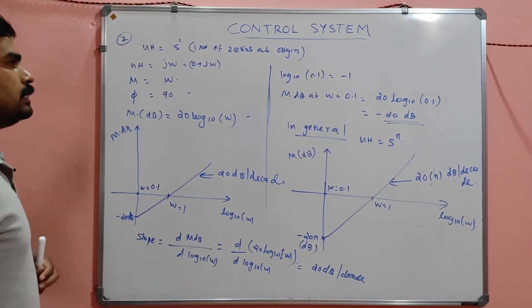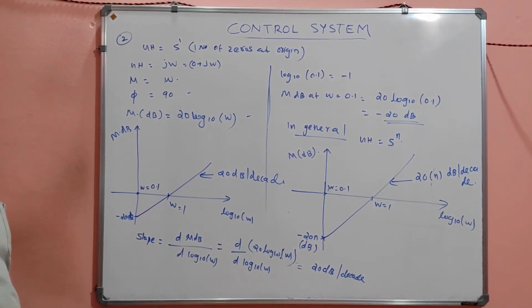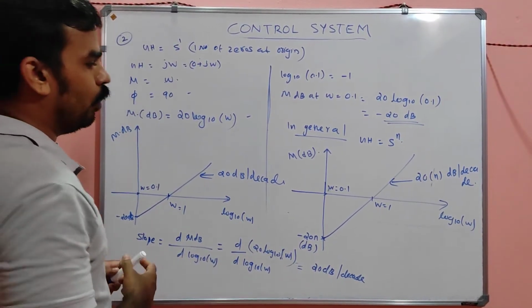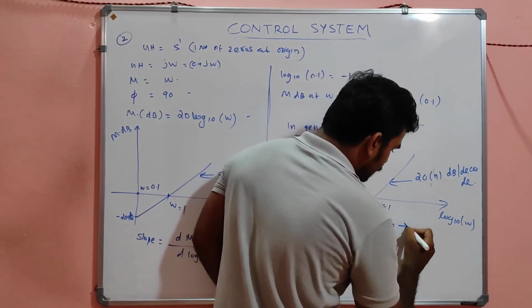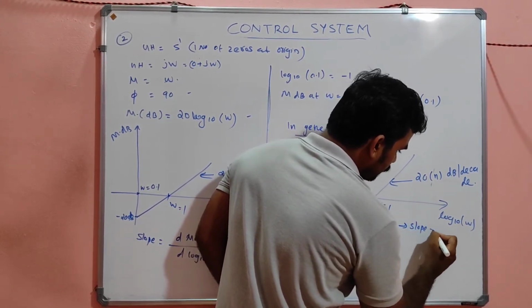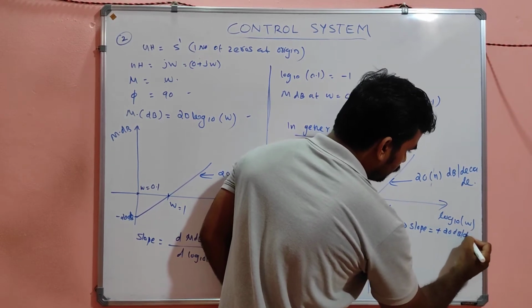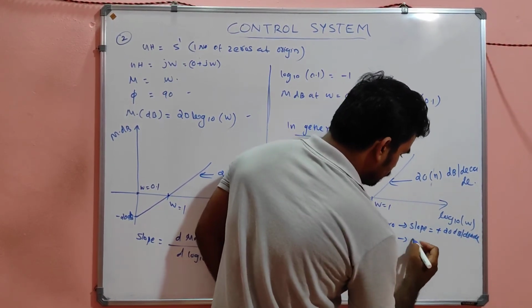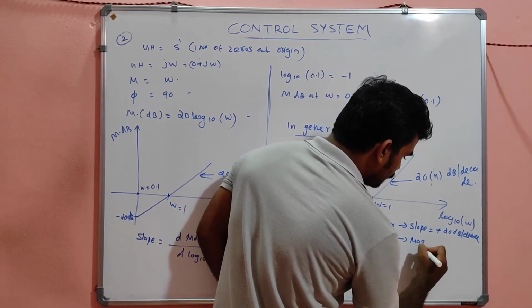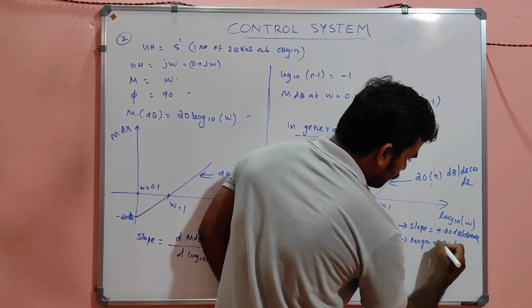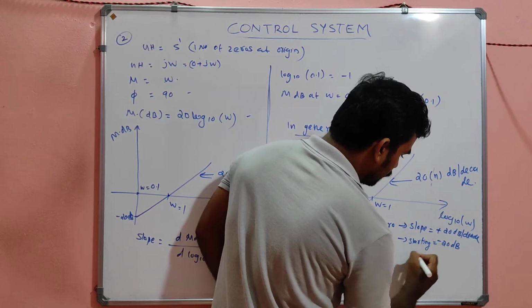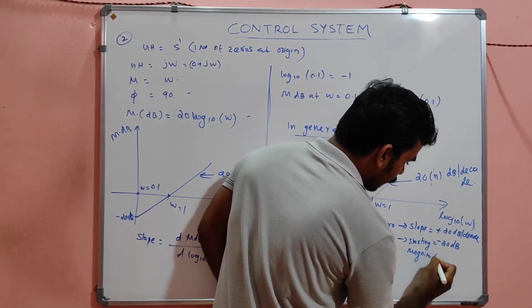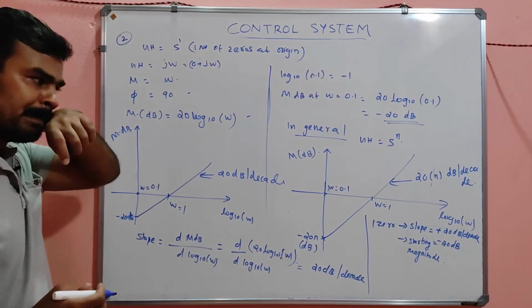Is it clear? Okay. So as a conclusion, one zero makes the slope plus 20 dB per decade, and the starting magnitude will be minus 20 dB.